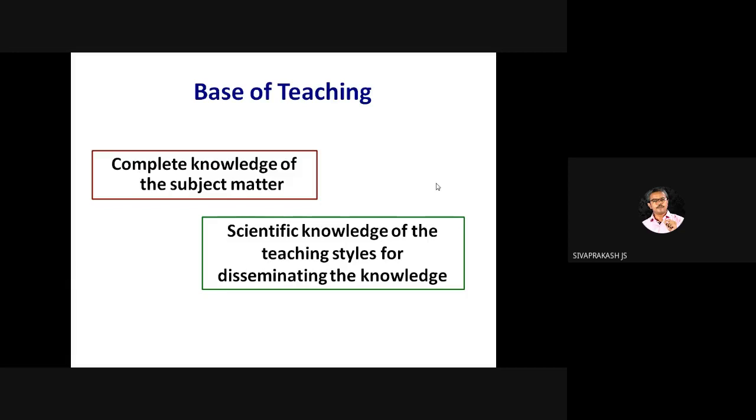If you take the base of teaching, the first base is a complete knowledge of the subject matter on one side, like a balance, a tarasu. And on the second side, a scientific knowledge of the teaching styles for disseminating the knowledge. Both have to be balanced.